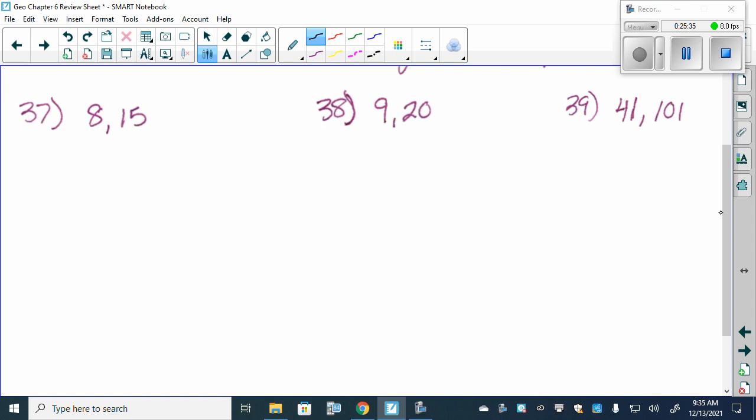So which one of these in particular do y'all want to look at? 39. So we would have 41 plus 101 is greater than our third side. We would also have the case that 41 plus x is greater than 101.